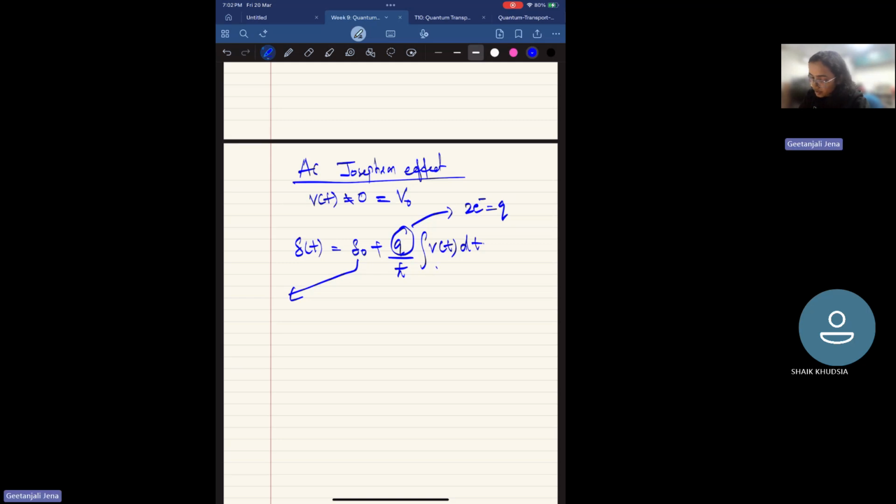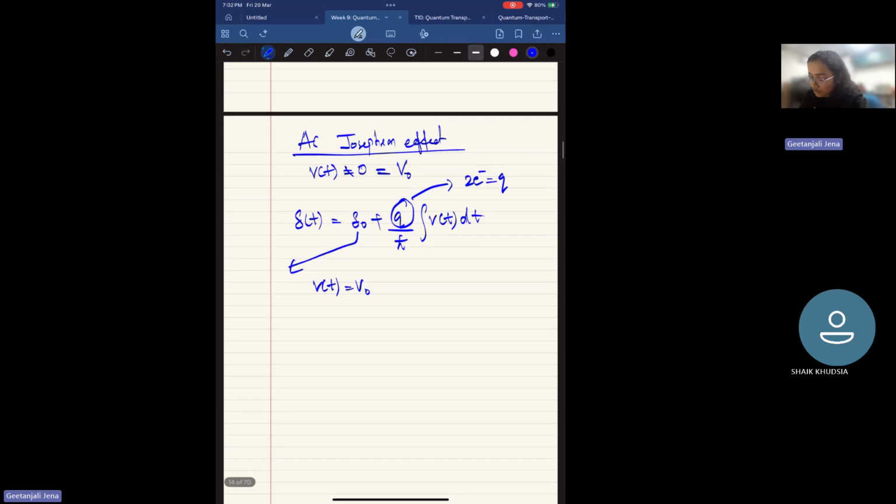In this equation, if V(t) is V0, because we are applying a constant voltage, then we can write delta(t) is delta 0 plus Q by h-bar V0 t.